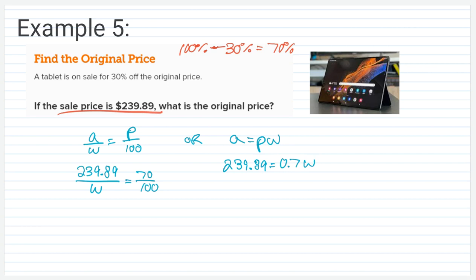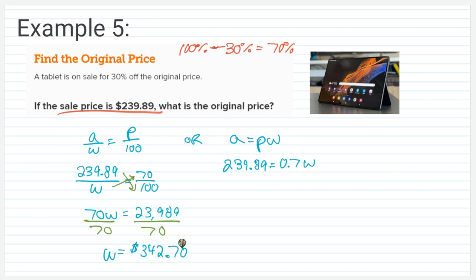Solving our proportion, we have to do cross products. So you would have 70 times W, which would be 70W, and then 100 times 239.89 would be 23,989. And then we'd have to divide both sides by 70 to find the original price, which is going to be $342.70.